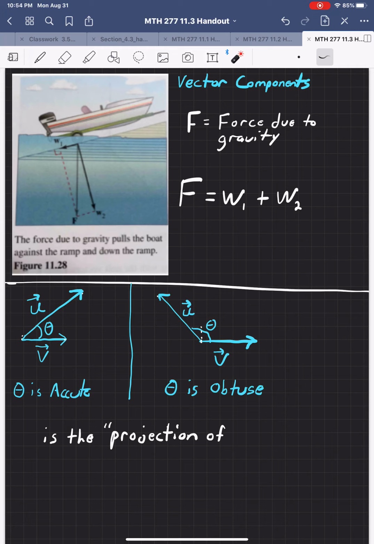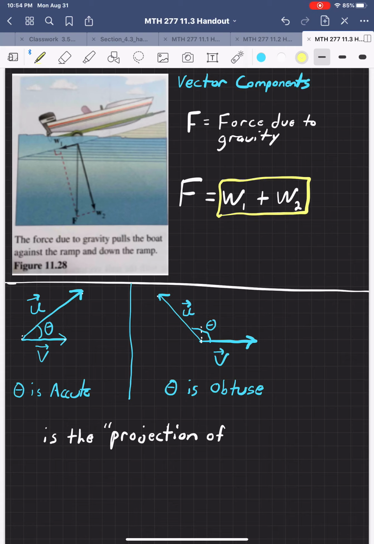Now what we're going to do is think about how you would decompose this u. Let me see if I can do my best here to draw what I'm trying to say. I'll use the same notation, w sub 1, w sub 2, but I'm going to decompose. So let's start with the acute.